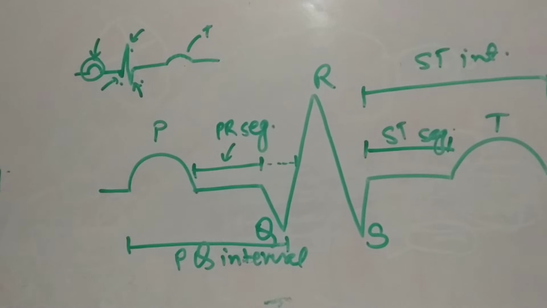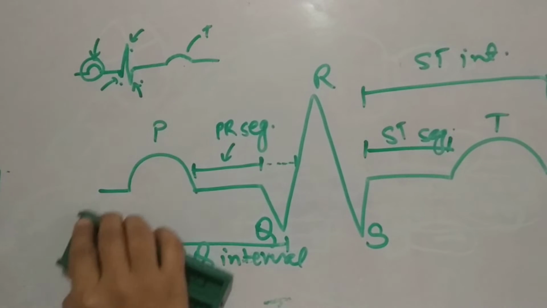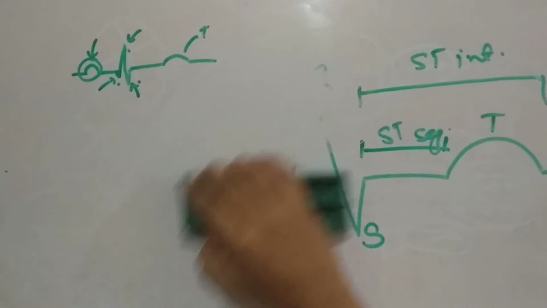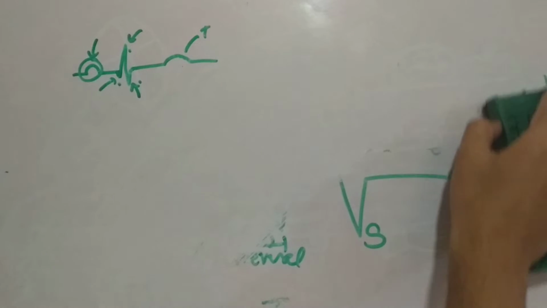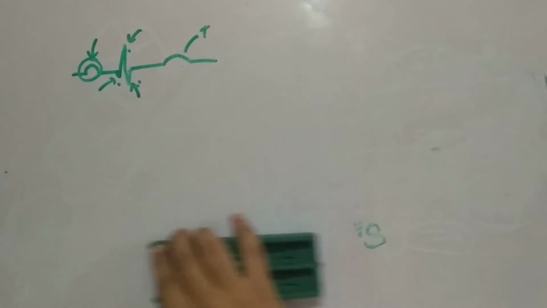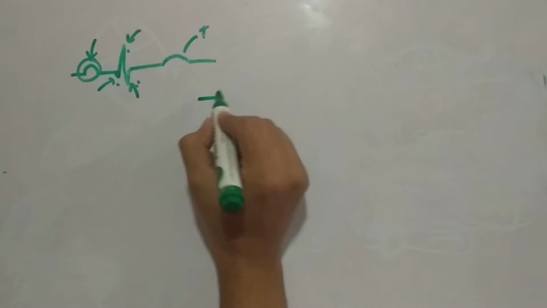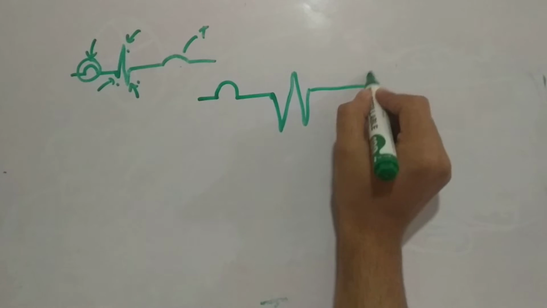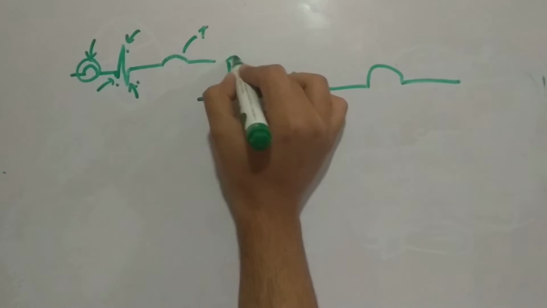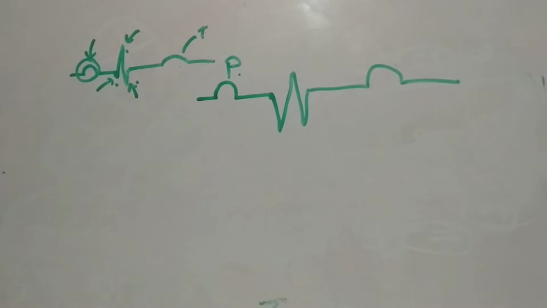Now we will talk about the significance of different waveforms that we find in ECG and correlate that with the changes that we see in the myocardium or the heart. By that what I mean to say is that suppose here is your P wave, QRS, and this is T. So what is P wave? What does P wave signify?